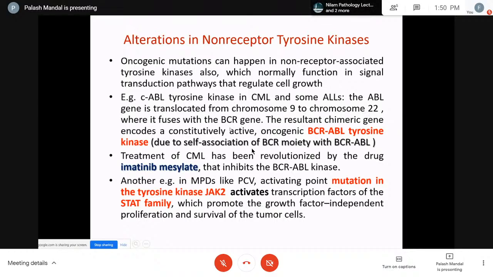In chromosome 22 the BCR gene is there, and the ABL gene coming from chromosome 9 goes to chromosome 22 and fuses there. The resultant chimeric gene constitutively becomes an active BCR-ABL tyrosine kinase oncogene, leading to CML, chronic myeloid leukemia.